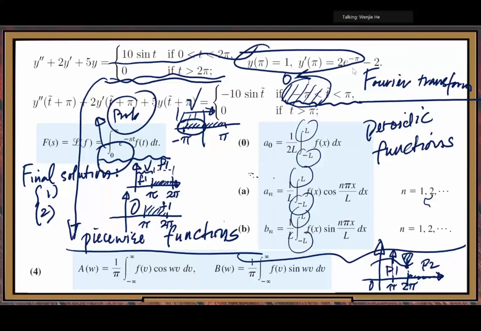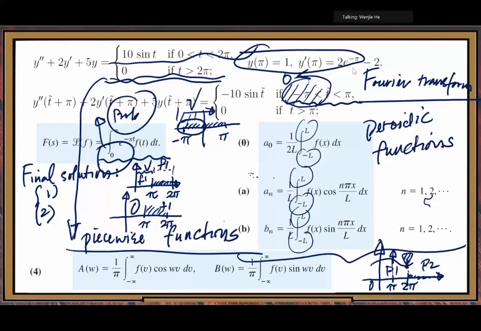Piece 1, piece 2. In that way, it looks all right, right? But here you can see we have several ways to solve this problem.